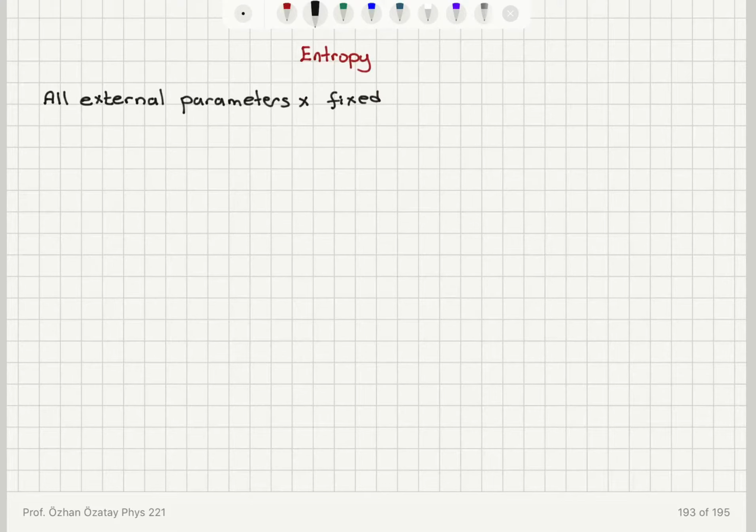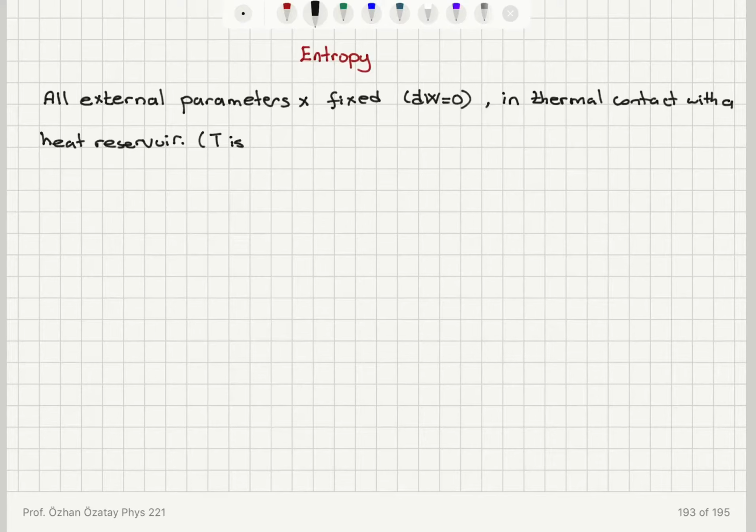So this will imply d bar w is 0, and in thermal contact with a heat reservoir, and in this case we will have the temperature is going to be fixed by the heat reservoir for small amounts of heat transferred.